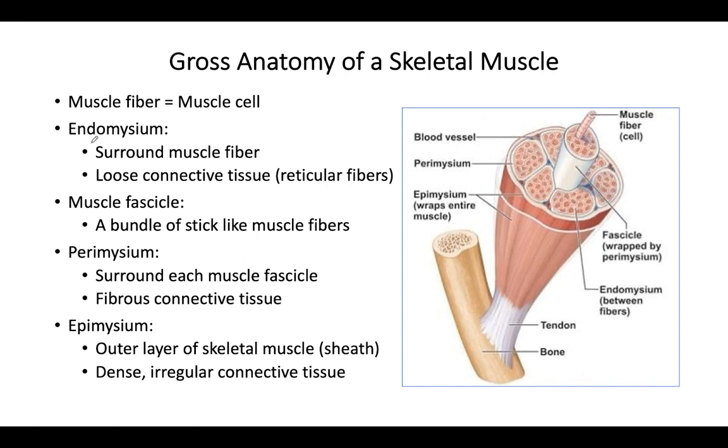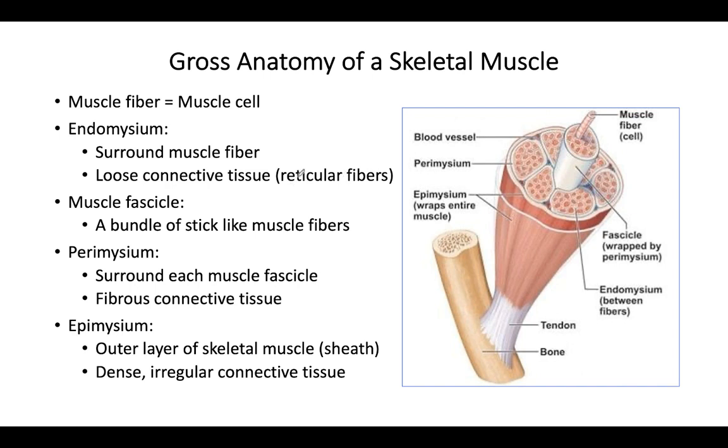Let's look at the gross anatomy of a skeletal muscle. Muscle fiber, same as a muscle cell. Each skeletal muscle cell is a single long cylindrical cell. Each muscle fiber is surrounded by loose connective tissue, or reticular fiber.